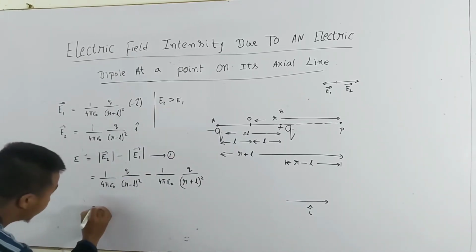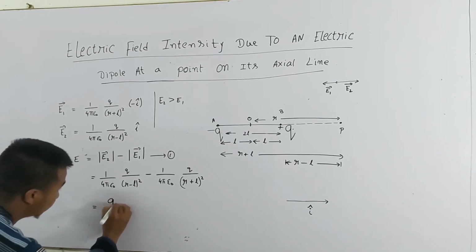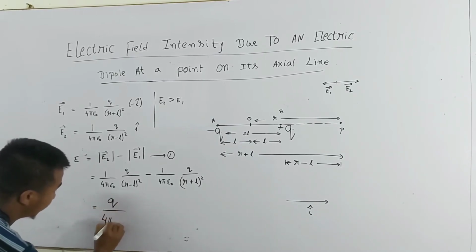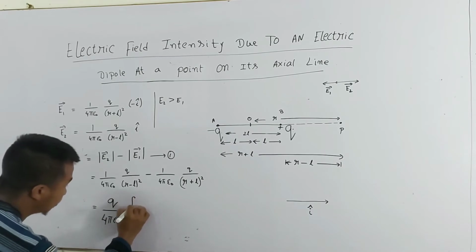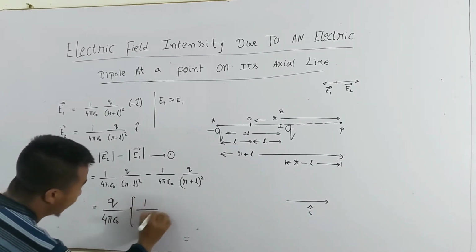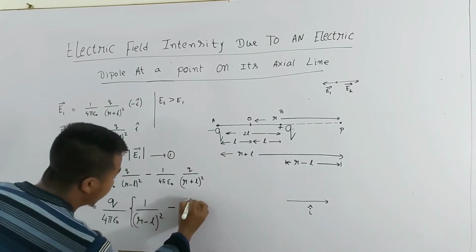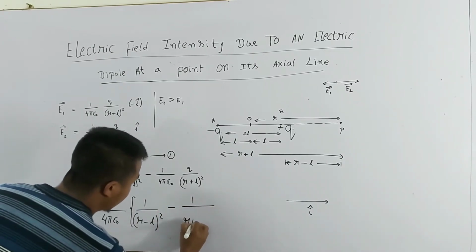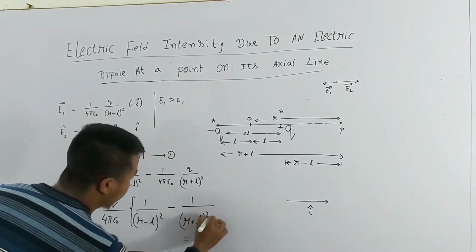So from here, we can take common Q divided by 4 pi epsilon naught: 1 by (R minus L) whole square minus 1 by (R plus L) whole square.